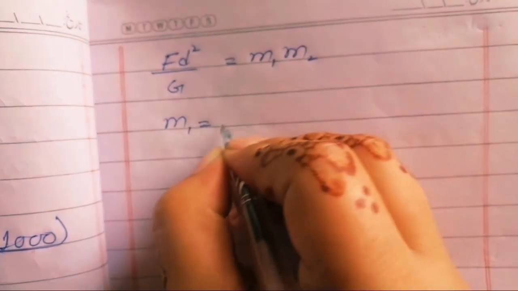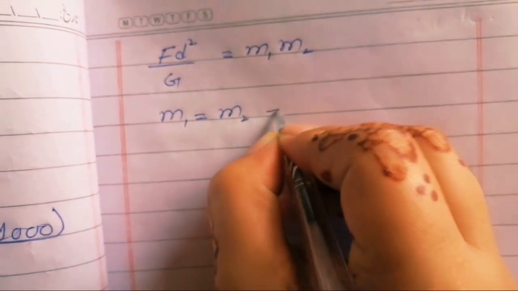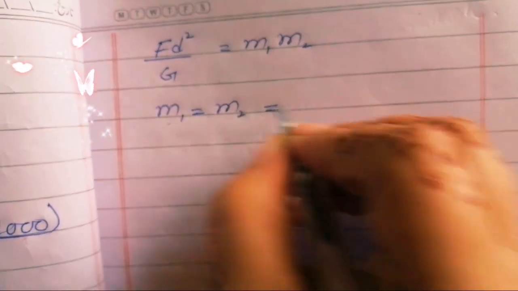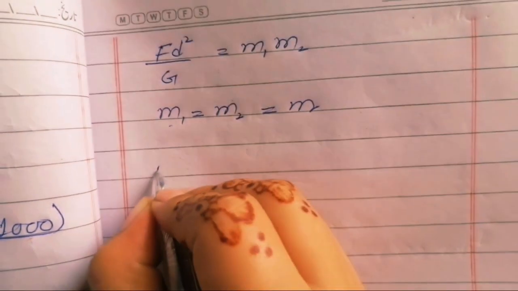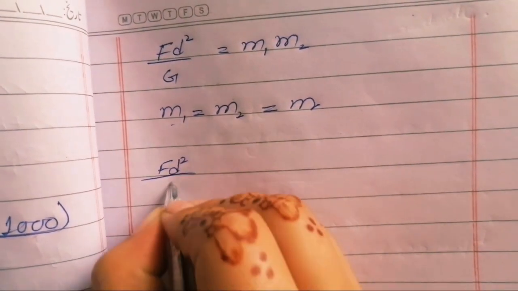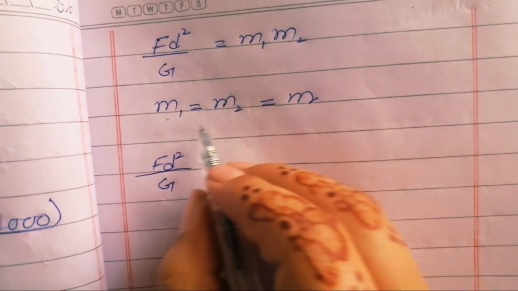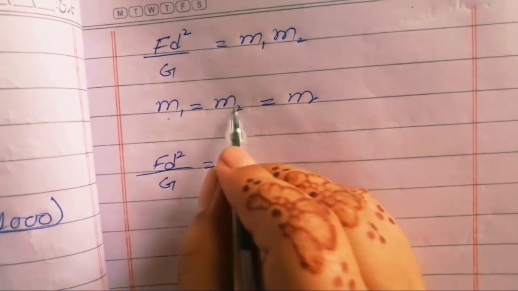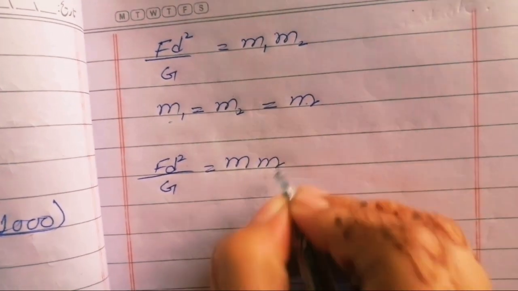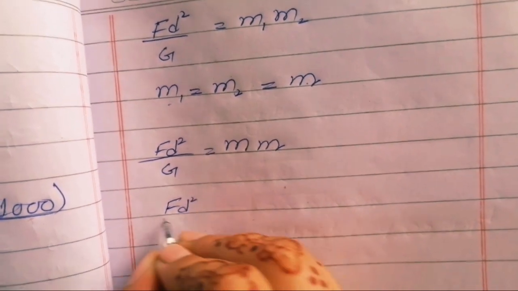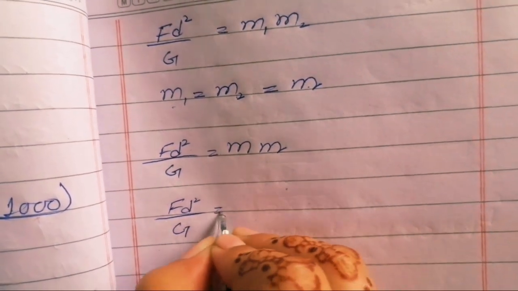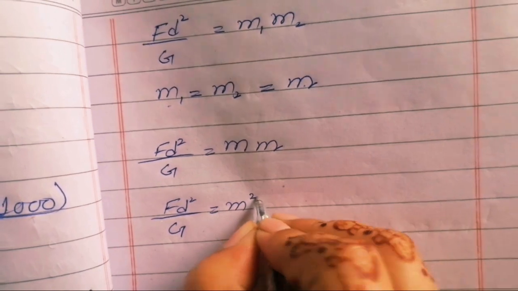M1 is equal to M2, both M1 and M2 are equal to m. So F D squared over capital G is equal to m squared.